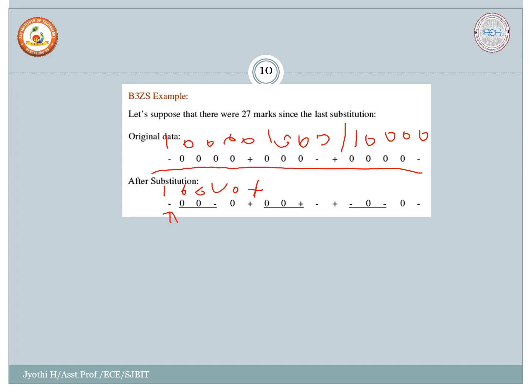So it is considered as 00V again, 00V. So next it is plus minus. Okay, so these are considered as B0V, and this as it is, 0 minus. So this is about the B3ZS line coding technique example.